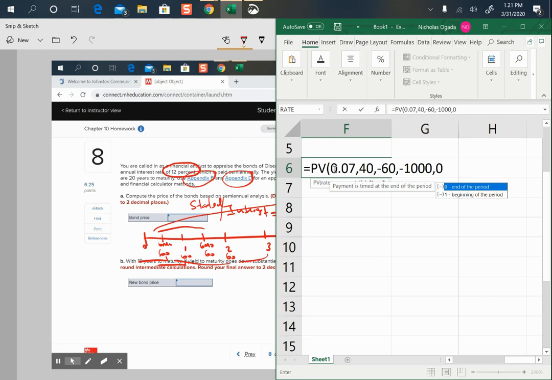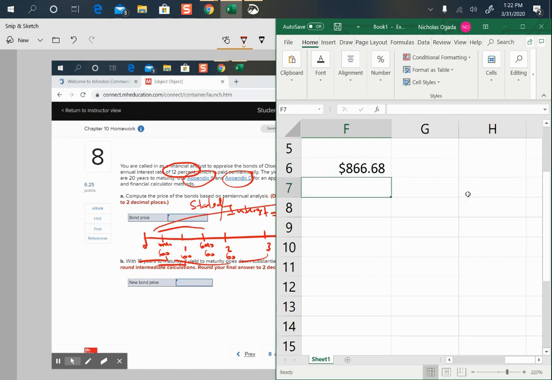Remember, it's zero at the end of the period and one if it's at the beginning of the period. By default it is at the end of the period, so you can even ignore it and not insert zero there. If you insert zero, it makes no difference.